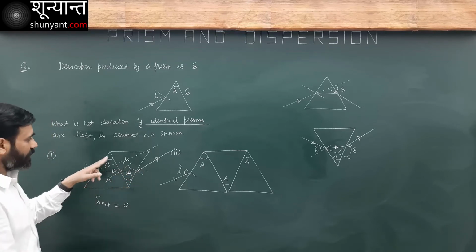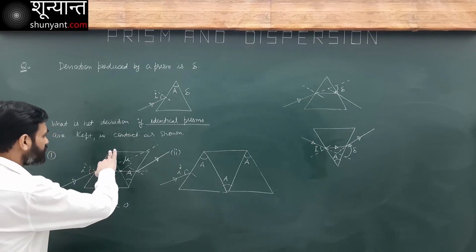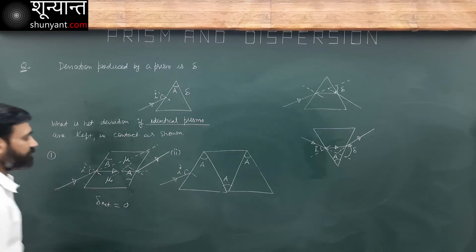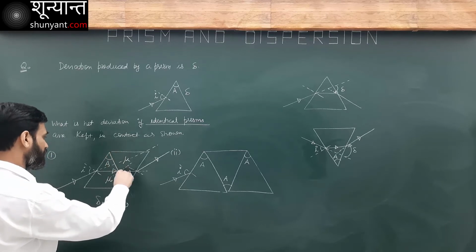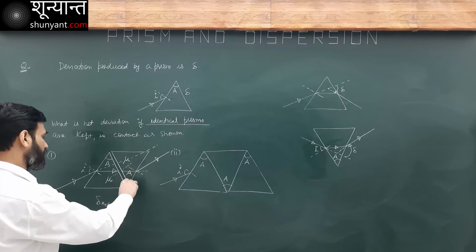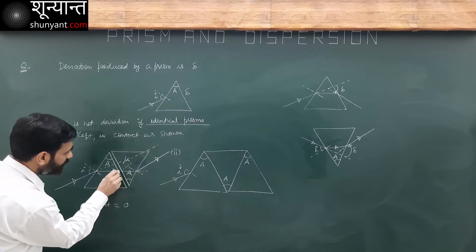Now it will experience a change in medium if there is some separation here, if they are placed like this with some gap. In that case, it will emerge like this.